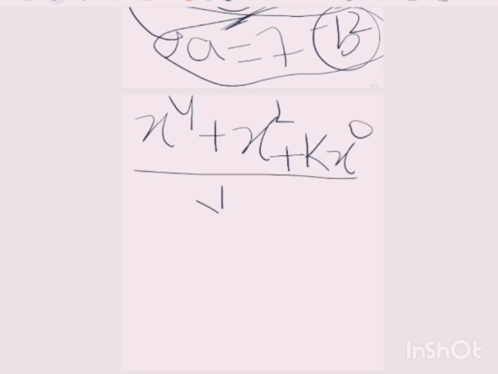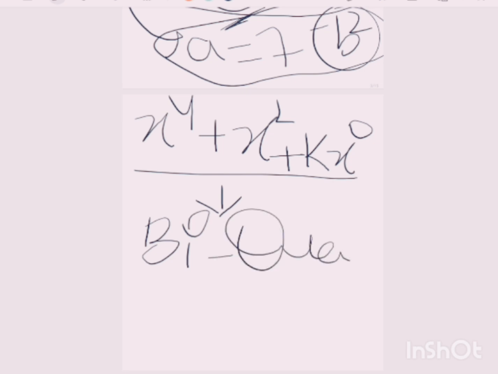So when the expression is like x power 4 plus x square plus some constant k, x power 0, this type of expression is known as a biquadratic expression.